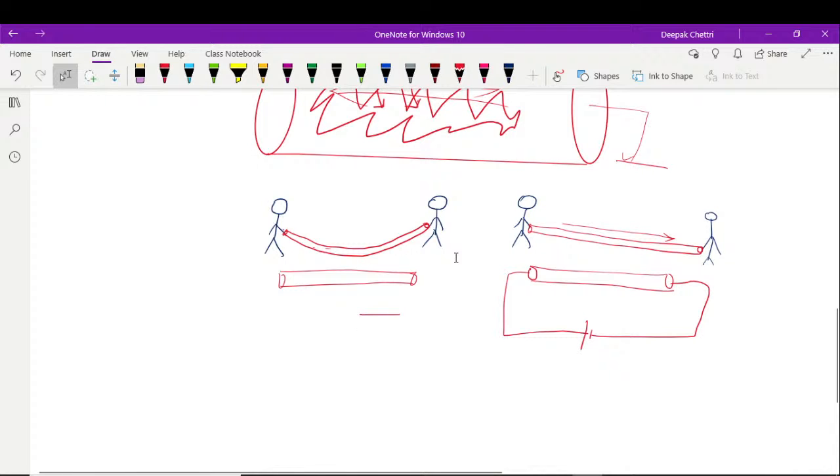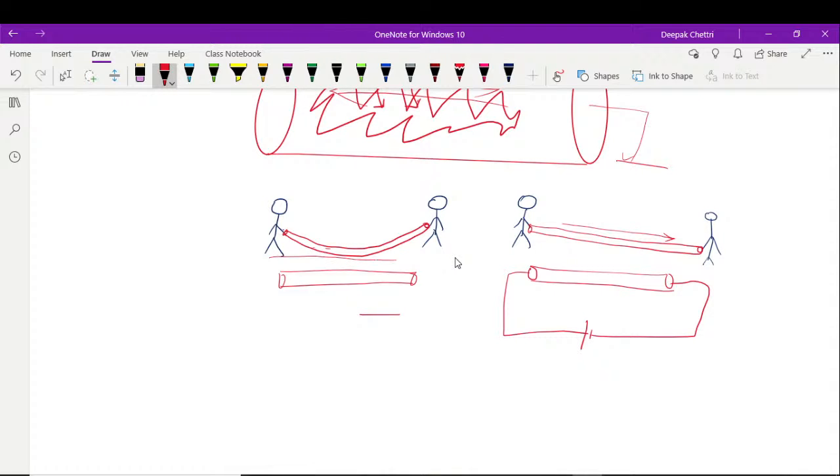Okay, so that is the job of a battery. The battery does not supply electrons. The electrons are already there inside the conductor. The use of a battery is just to create a potential difference. So what is potential difference? Here water is not flowing because both levels of water experience the same force of gravity, so they are at the same potential with respect to gravity.